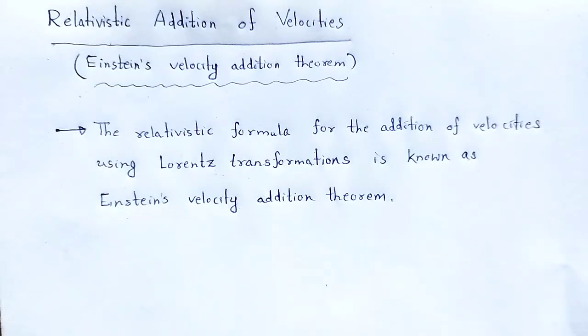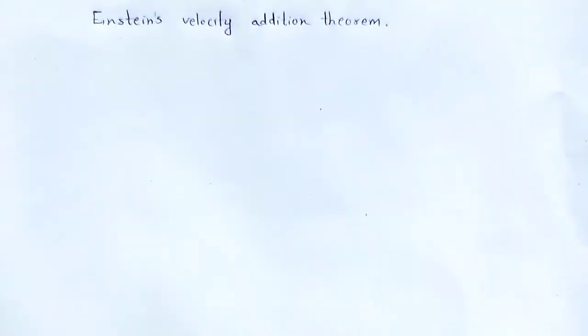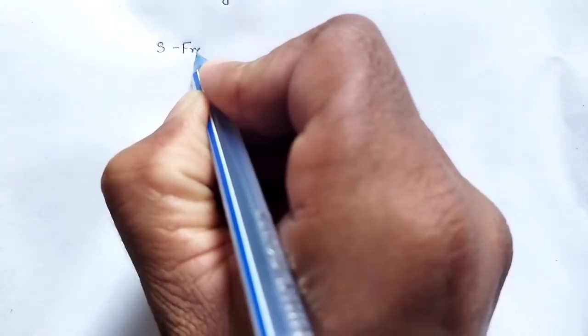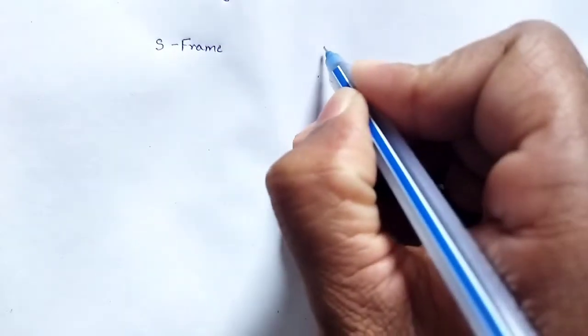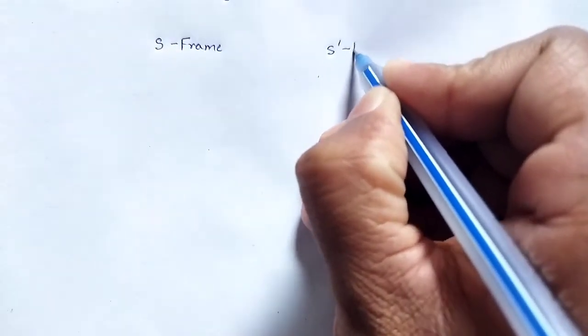Let us consider two inertial frames of reference. One is the S frame and another one is the S dash frame.